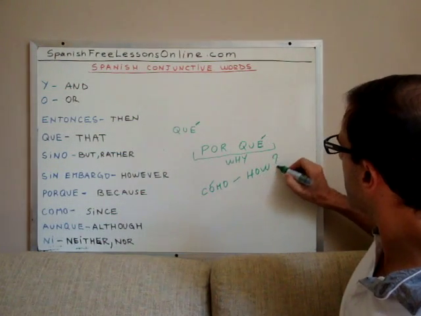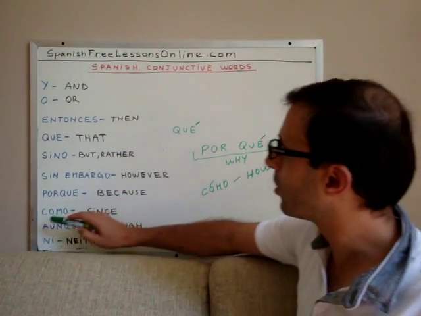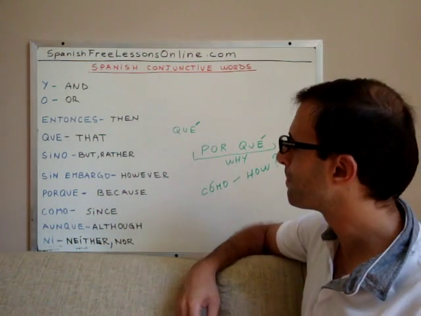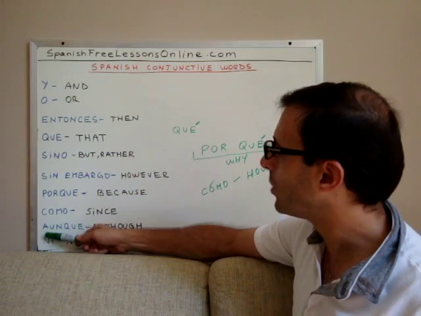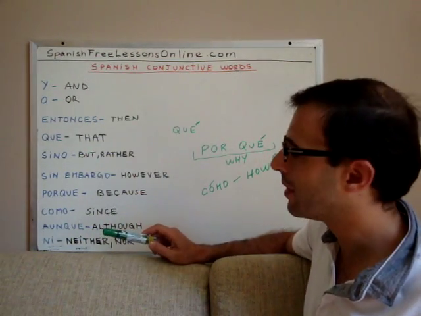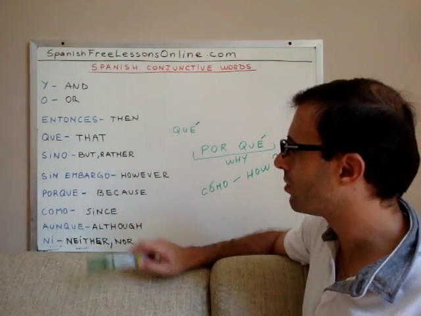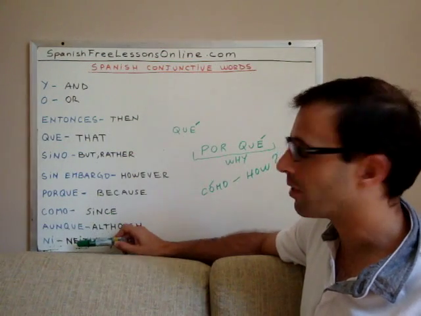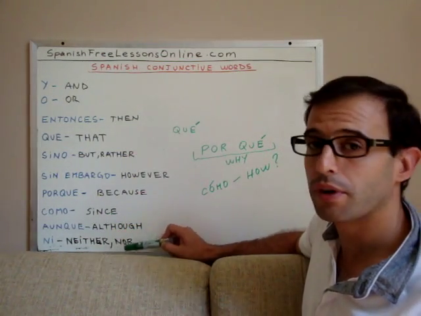Okay? How. But como without a tilde means since. Aunque means although. Aunque, two syllables. And we have ni for neither or nor, right?